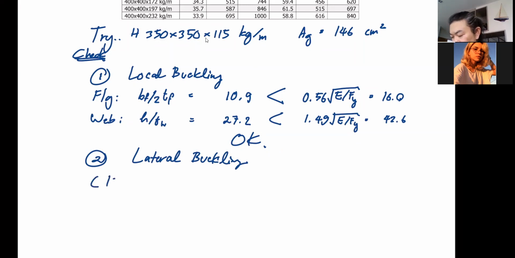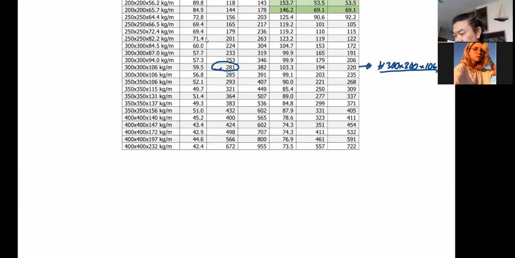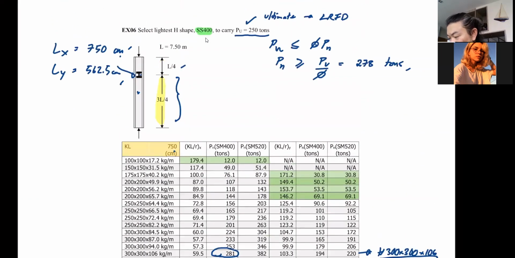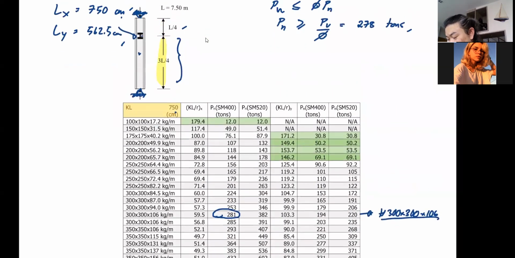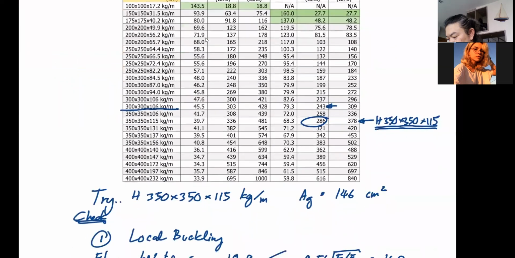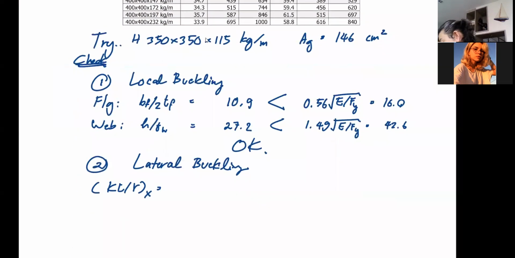So it's going to be KL over R in the X direction. And I didn't write anything about the support conditions here. So let's assume that it's a hinge like that. So K is equal to 1, and in the X direction L is 750. Let's write it here that Rx is equal to, let's go back to the table.